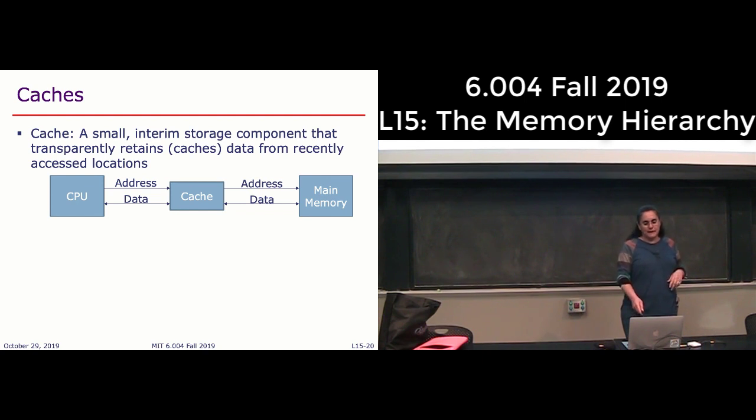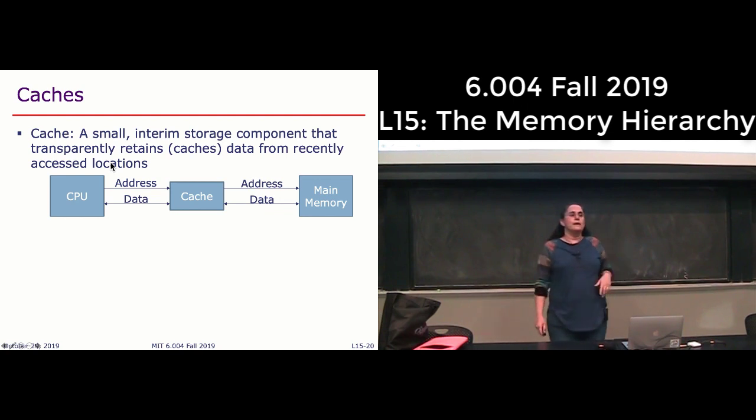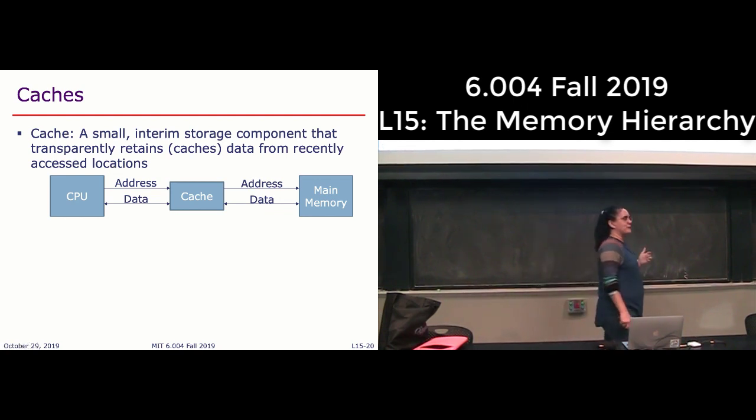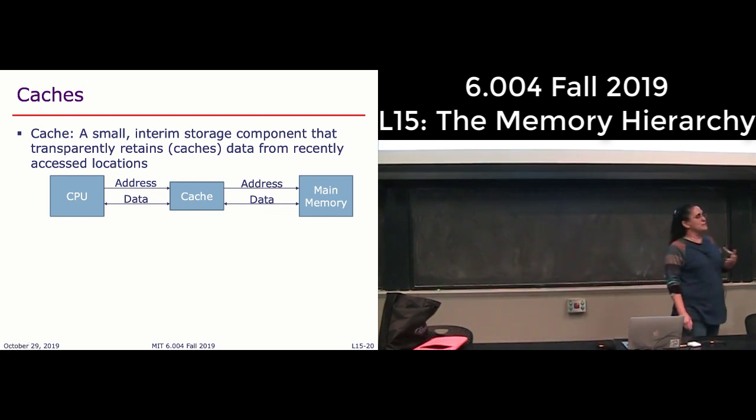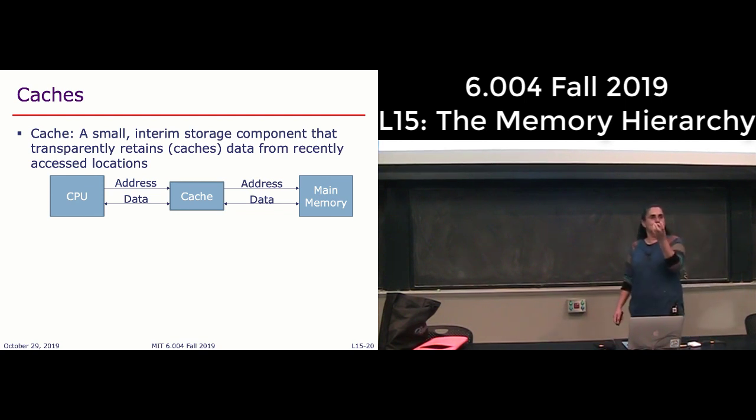So here's my processor, and it's trying to get something from memory. When I try to get something from memory, the first thing that I'm going to do is try to get it from this fast memory, like this SRAM memory, which we call a cache. If the data is there, then I get it back very quickly. If it's not there, then I go to the next slower memory and try to fetch it from there.